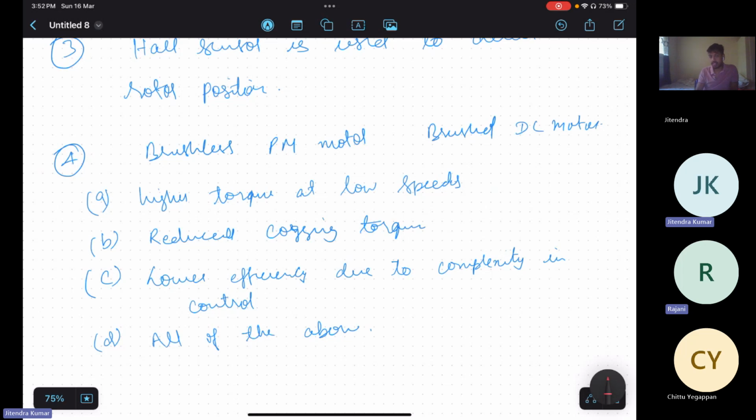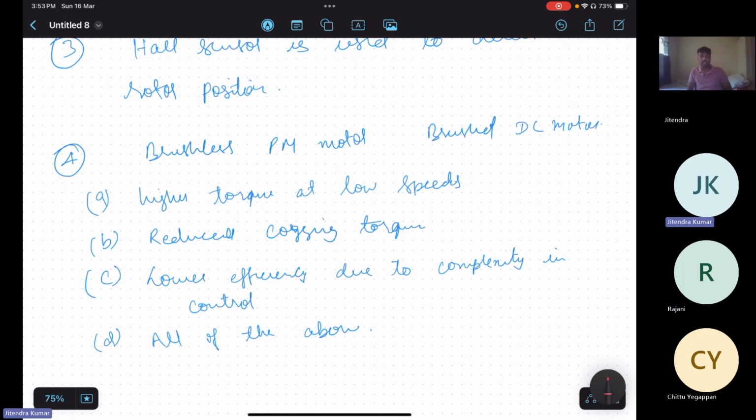So that's why we cannot comment on torque, because if somehow you have established the flux density equal to the permanent magnet machine and you are supplying similar current, then other than that, I don't think there is any other reason for higher torque at low speed, because a DC motor also can offer higher torque at low speed.